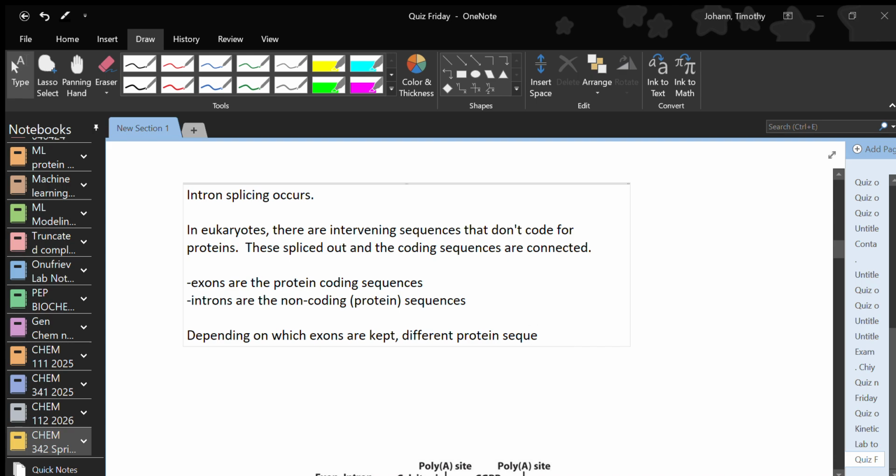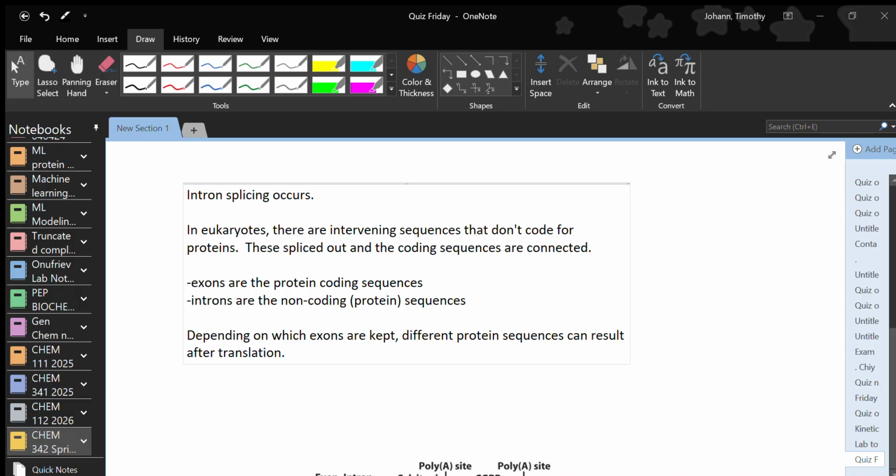Different protein sequences can result after translation. So you're going to have a different mRNA result that's going to turn into a different protein. And so here's an example of that.